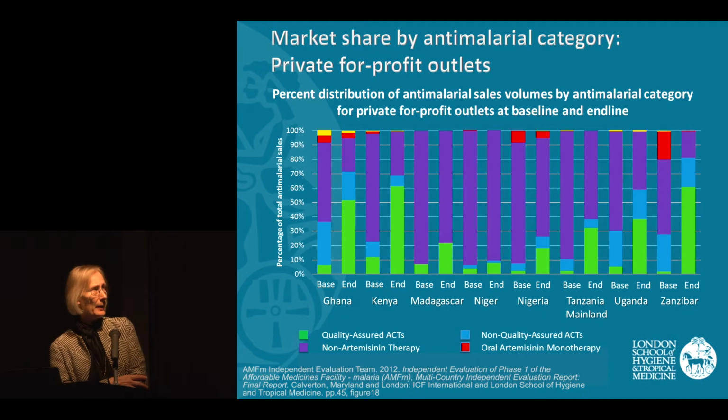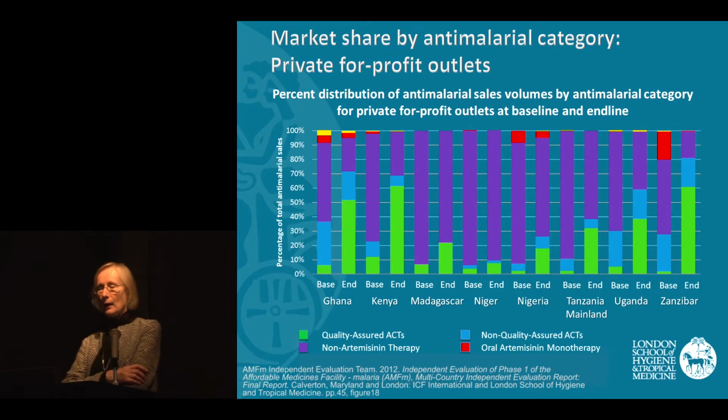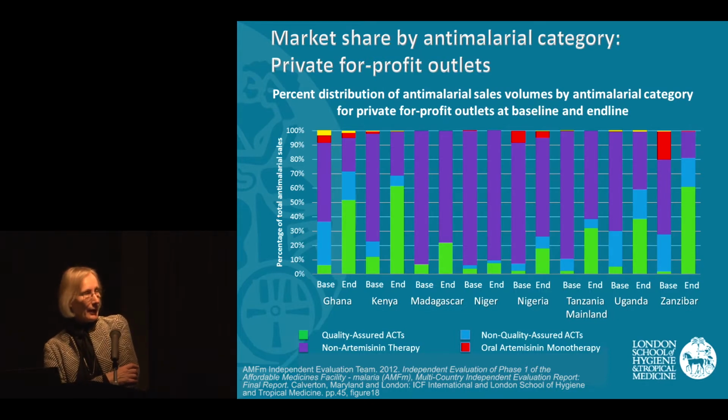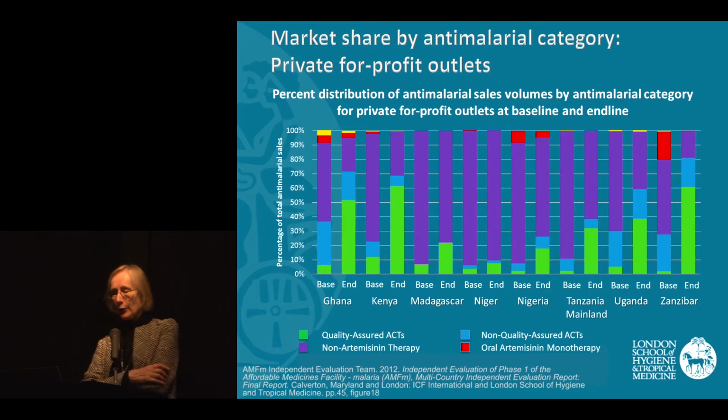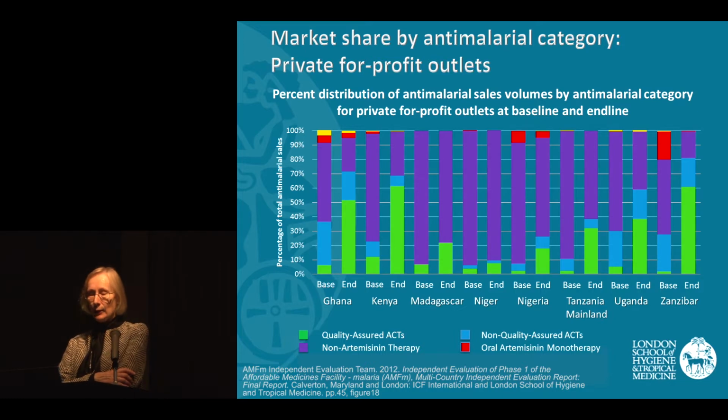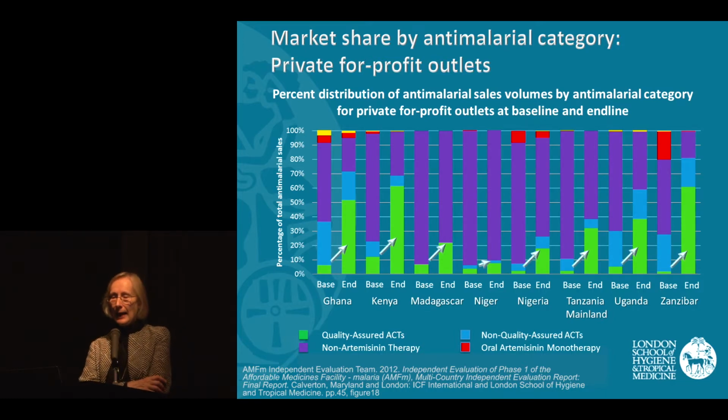And so just to be brief, this shows the market share of antimalarials in private for-profit outlets in these African countries. The only bar to worry about here is the green bar, which shows quality-assured artemisinin combination therapy. This shows base and end-line surveys for these various countries.